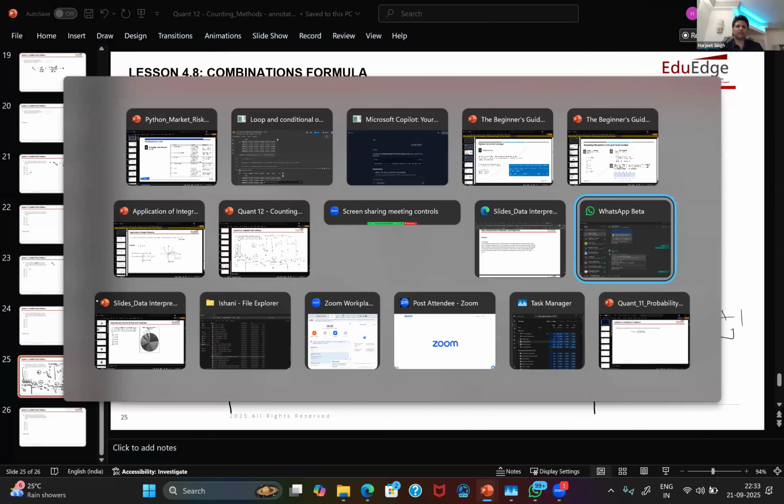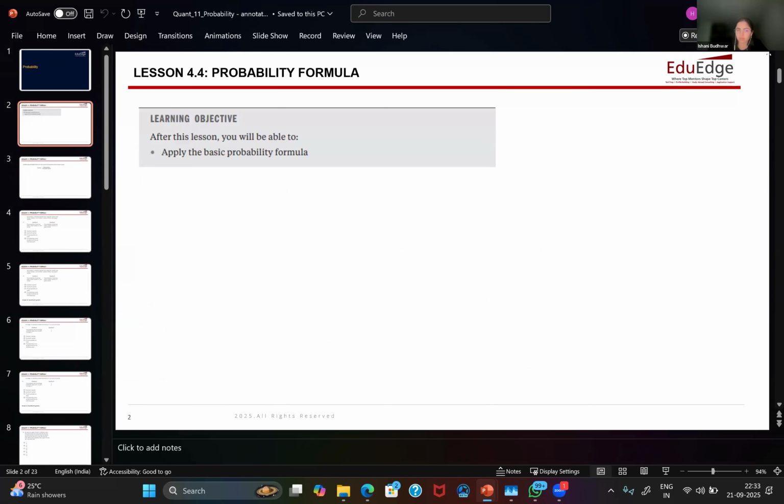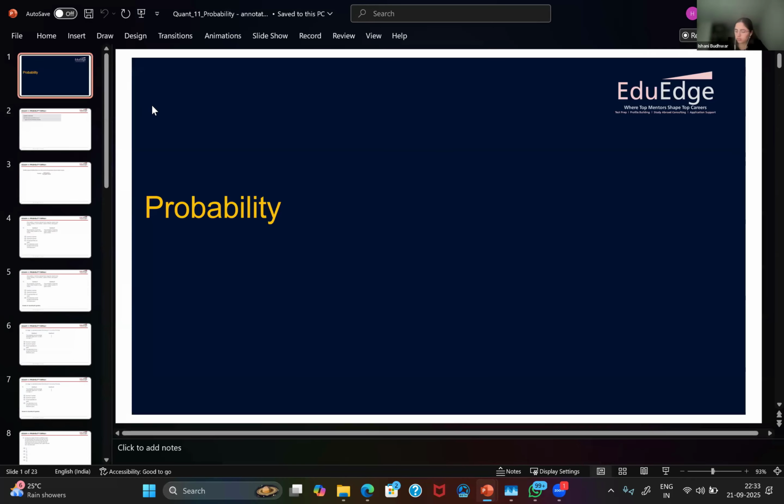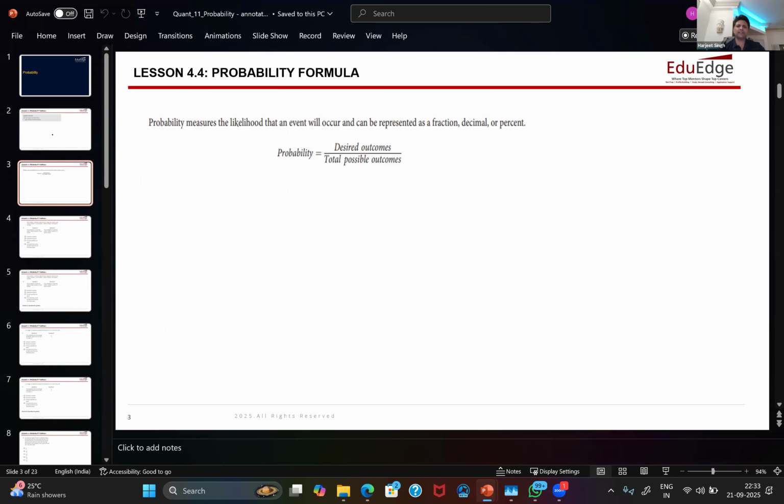Now, combinations are done. Countings are done. We will now go to probability. Now, what is this probability? Probability is basically number of desired outcomes divided by total number of outcomes.